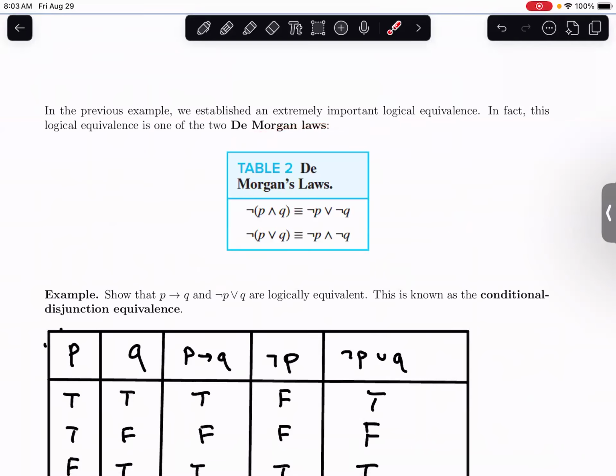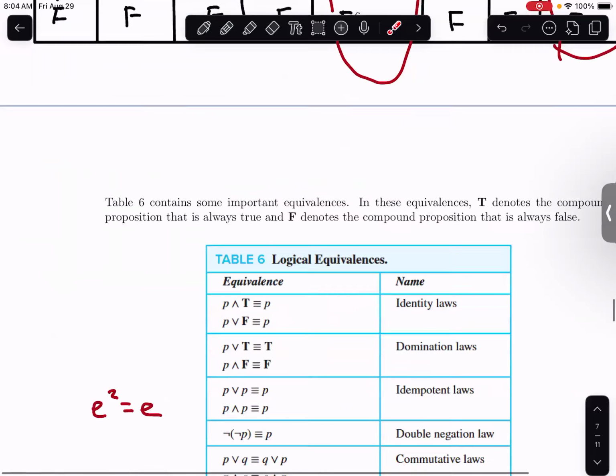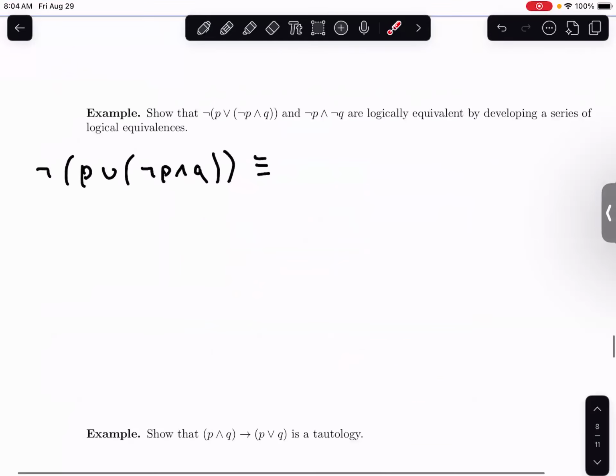If you apply a not to an or, it becomes an and, and you apply the not to both sides. And if you apply a not to an and, it becomes an or. So the negation flips ands to ors, and it flips ors to ands. That's something that's worth remembering in this class. It's going to show up pretty frequently.